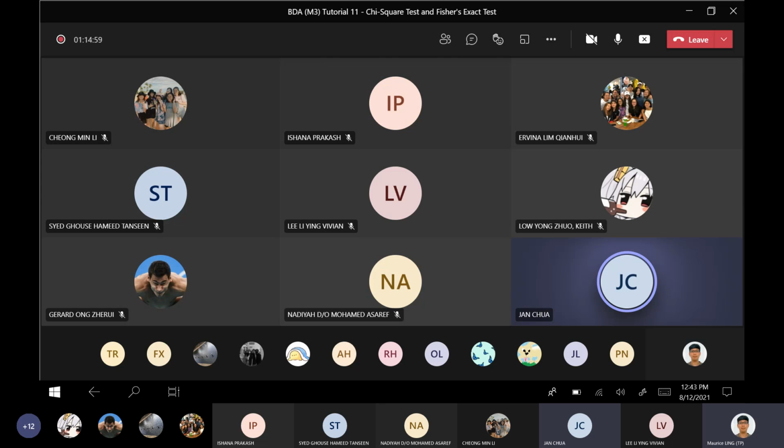Oh no, because the teacher is very confusing. He puts a lot of weird numbers, then suddenly there is a P table. Then I'm very confused. Okay, it's actually okay.